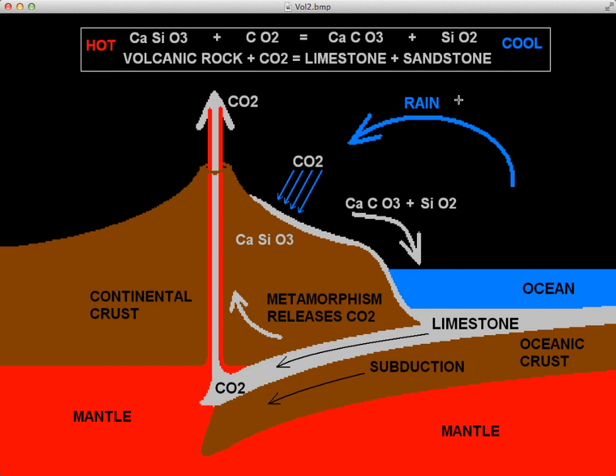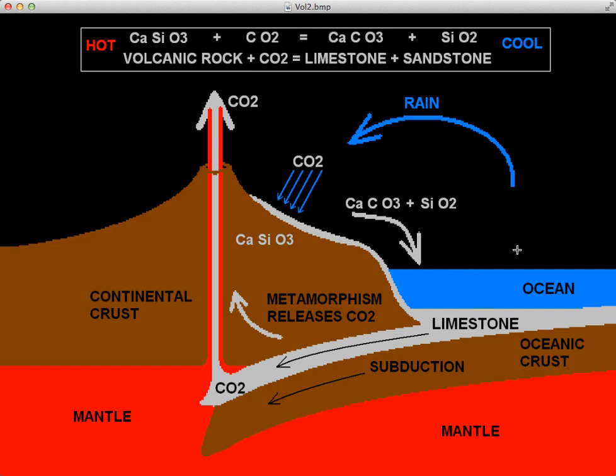So more rain means that there will be more weathering and carbon dioxide levels will be drawn down. Now, as the carbon dioxide levels are drawn down in the atmosphere, this means that there's less of the greenhouse effect, and this cools planet Earth again. And then the cycle starts all over again.